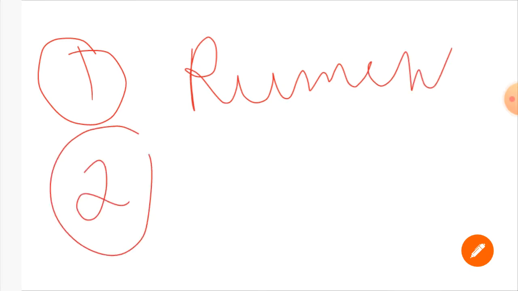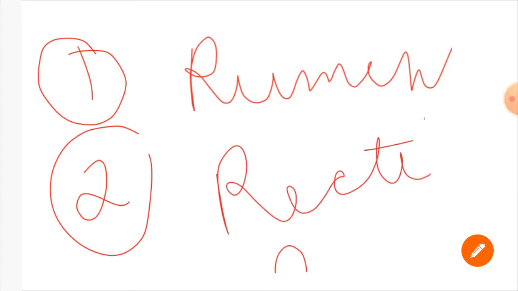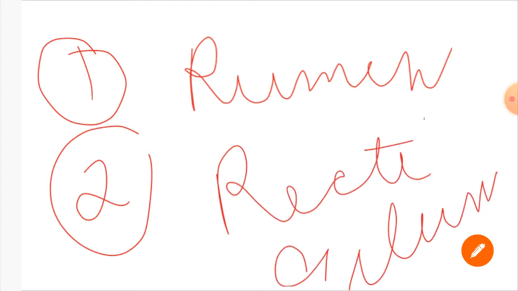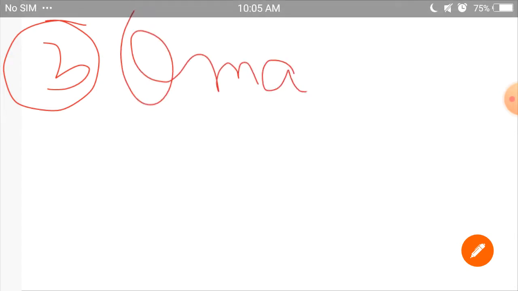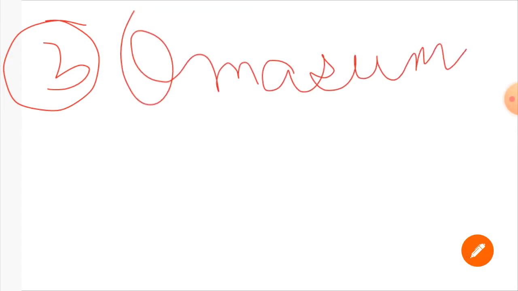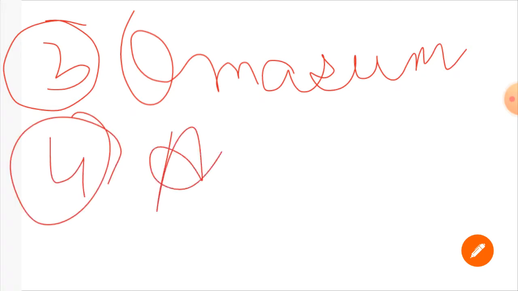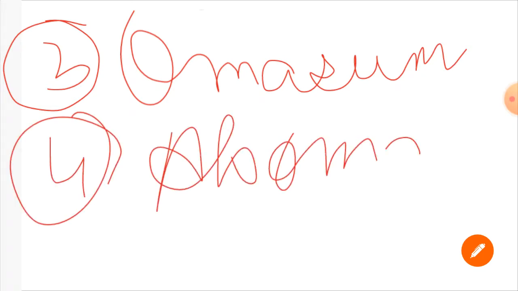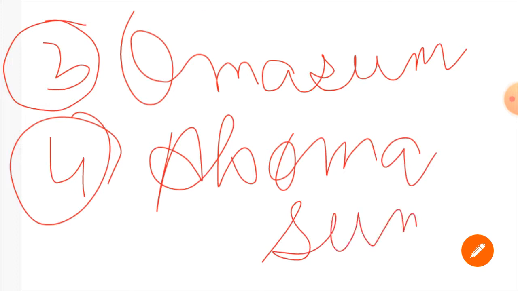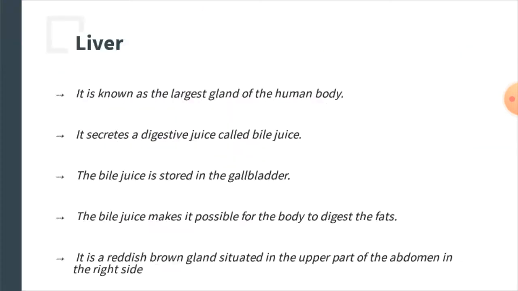Second one is reticulum. Sorry for my handwriting, I cannot change it. Third one is omasum, and fourth one is abomasum. So that's the spelling. Just remember it very nicely.